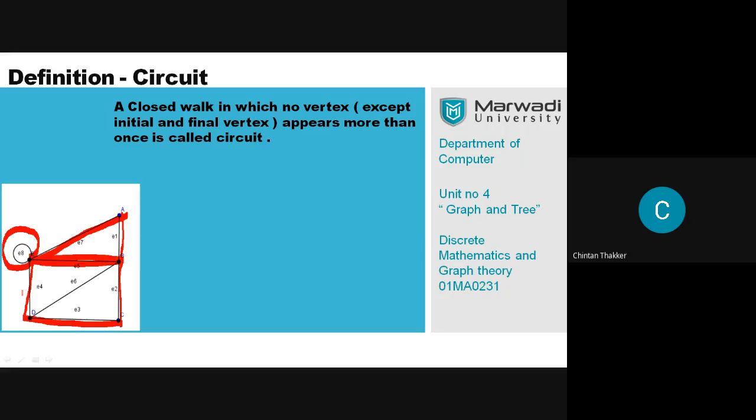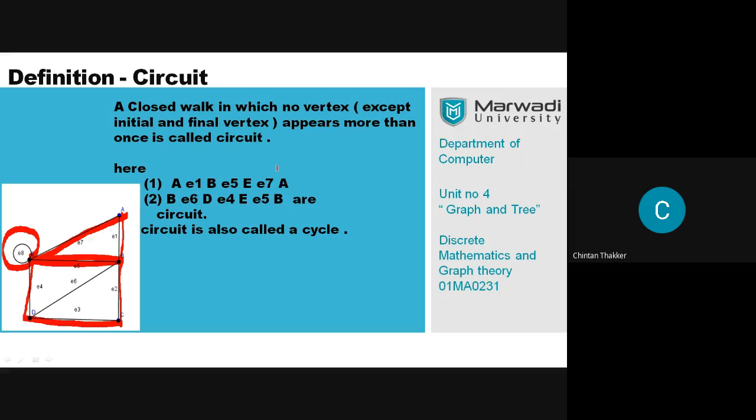So this is also a circuit from E to E with a length 4 because 4 edges are used. Okay. So a circuit means a closed walk in which no vertex except the first and last vertex appears more than once. Okay.